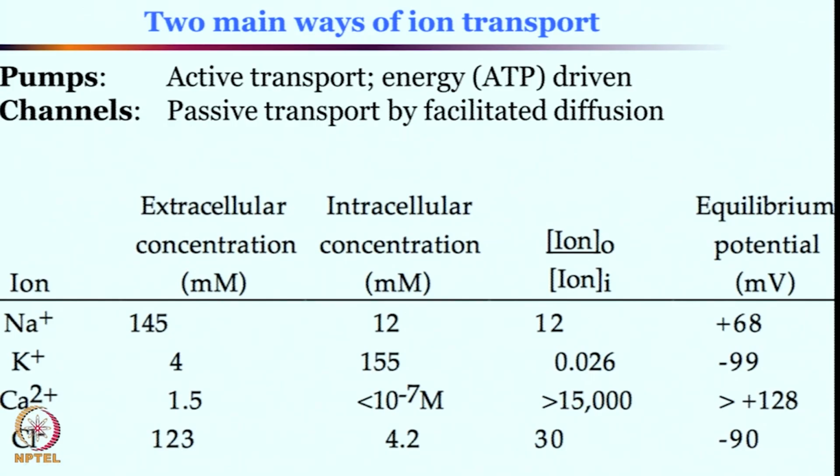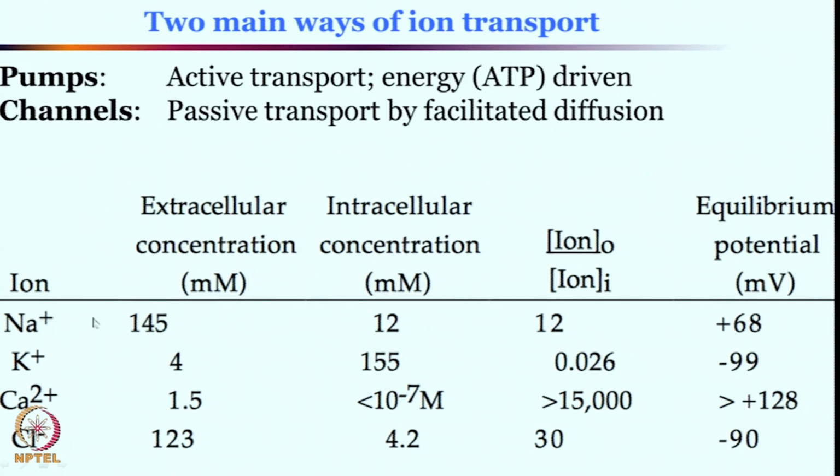You may have already noticed that inside our cell different metal centers are present. These metal ions could be sodium, potassium, calcium, or other anions such as chloride. But if you notice, the extracellular and intracellular concentrations are completely different.